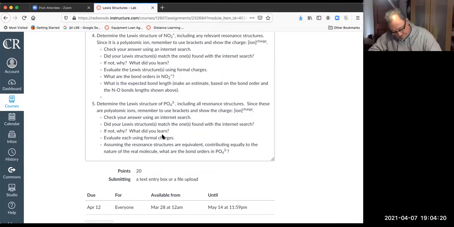Absolutely. Because if you do anything else, you won't get an octet on nitrogen, or if you do get an octet on nitrogen and you do a triple bond and a single bond, the formal charges are +1, -1, and +1. So here, I'm going to show that to you.